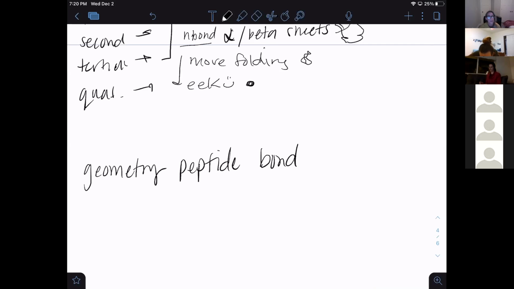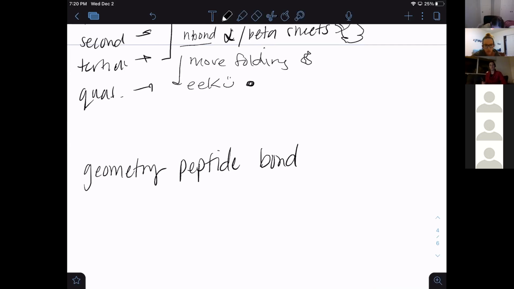So when we're taking 2 amino acids and bonding them together, it's going to make a tetrahedral. Is that what you're saying? Do we agree? Yes. So it's going to make a tetrahedral shape.